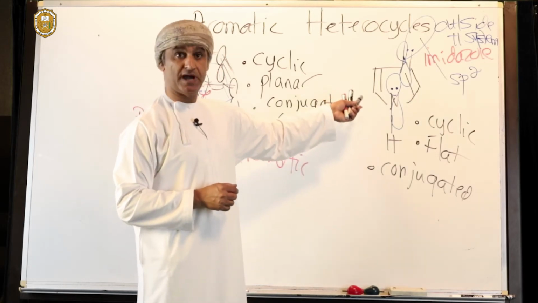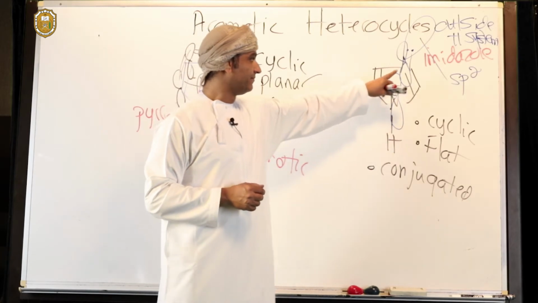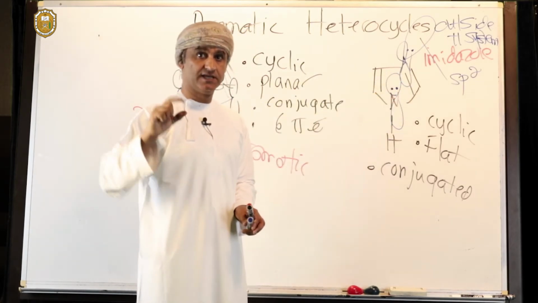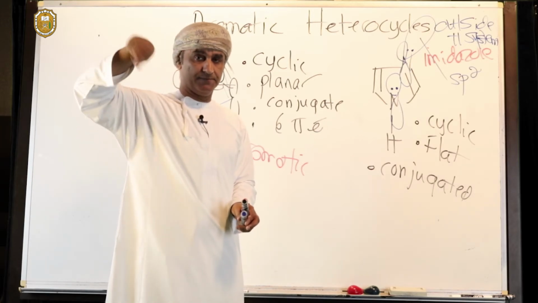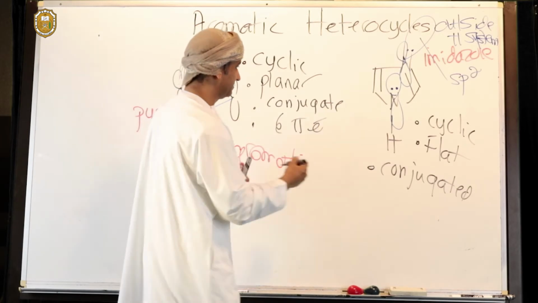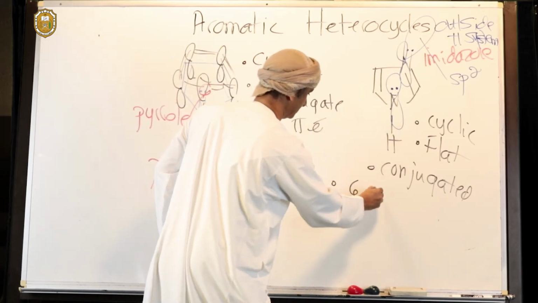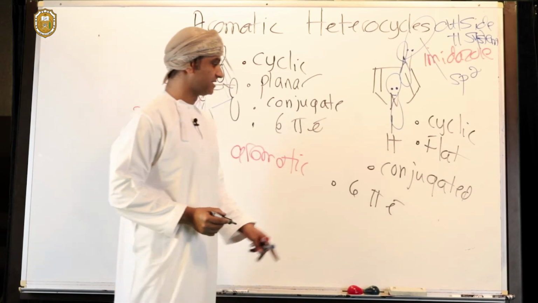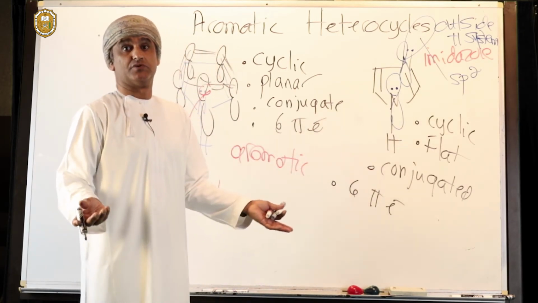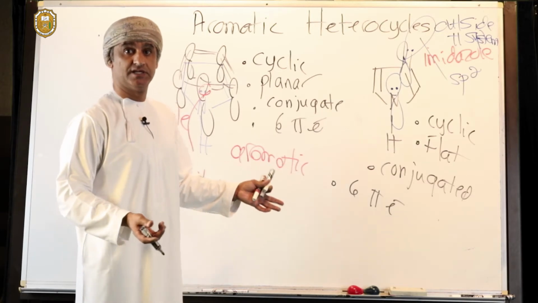Now, the number of pi electrons: 2 here, 2 there, that's 4, plus 2, because remember these 2 electrons are in a p orbital, so they participate in the cyclic conjugation. Therefore, there are 6 pi electrons in imidazole. With 6 pi electrons, it's 4n plus 2, the Huckel rule, just like pyridine, just like pyrrole.